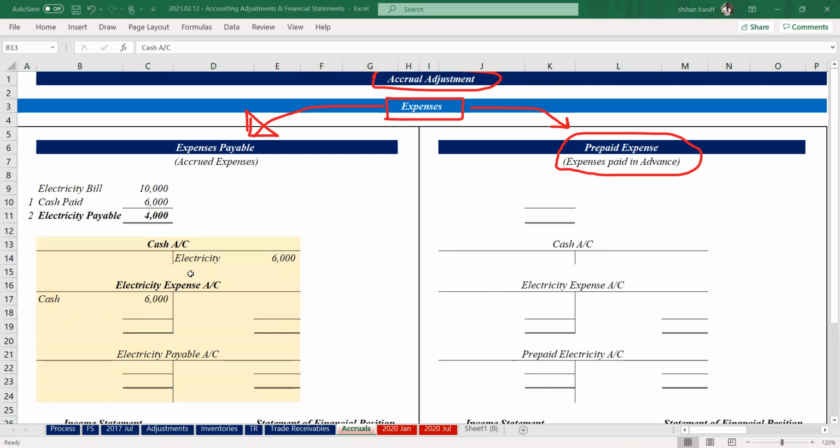Expense account debit, liability account credit. So we increase the expense by 4,000, and the electricity payable account is credited 4,000. This is a liability.